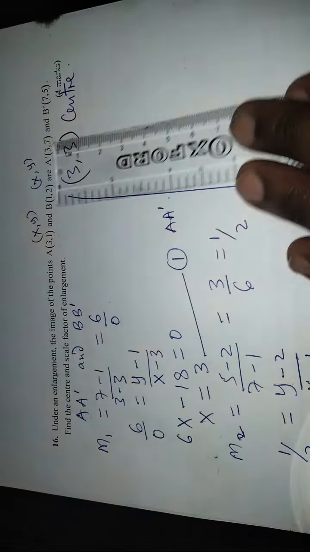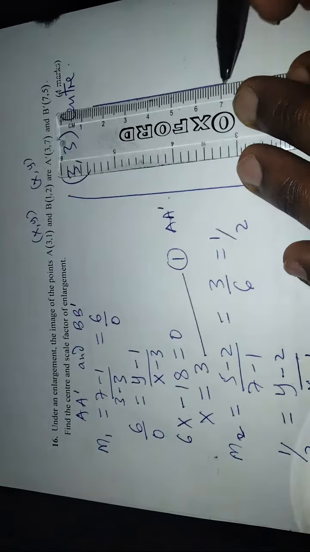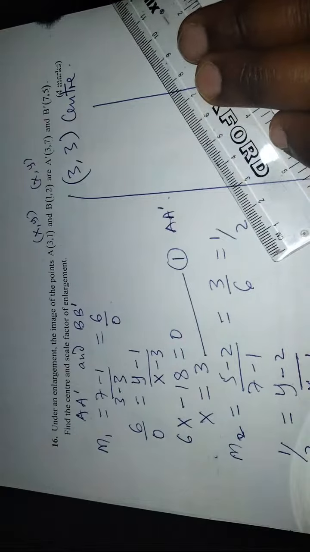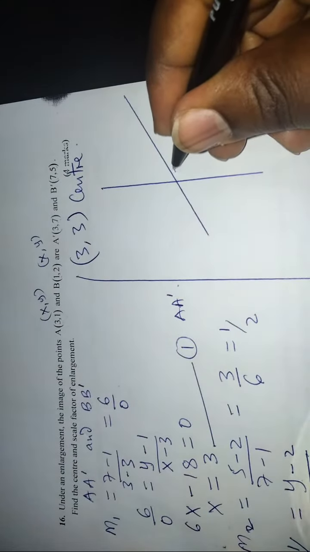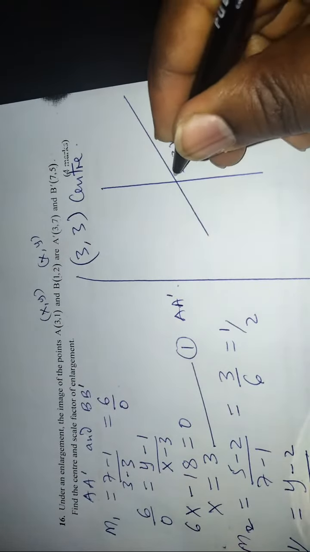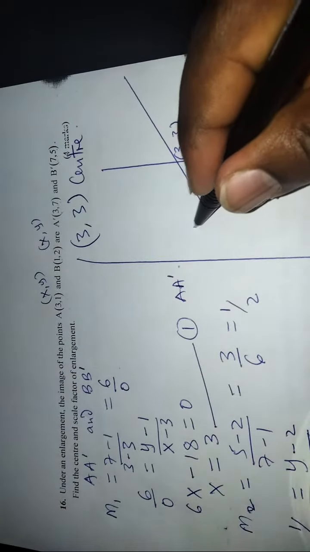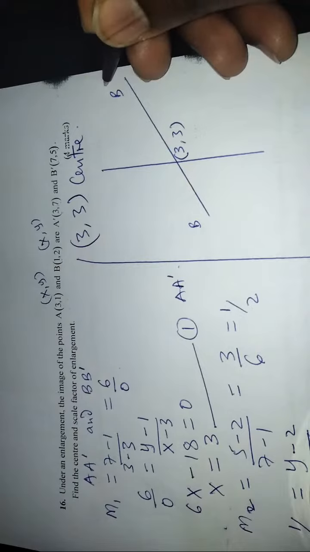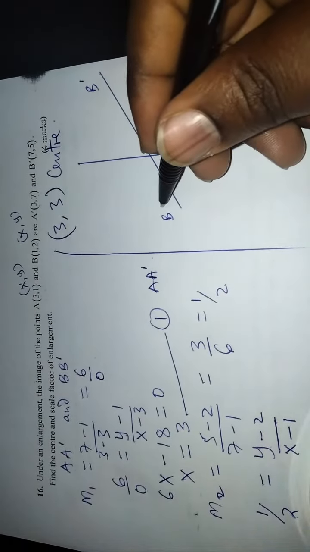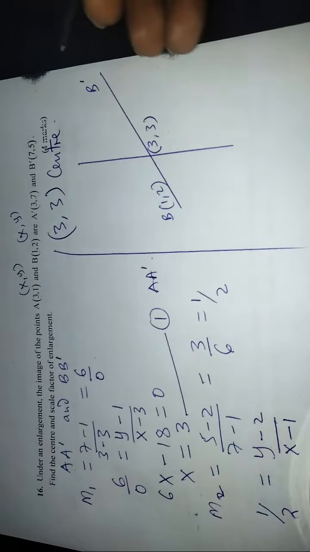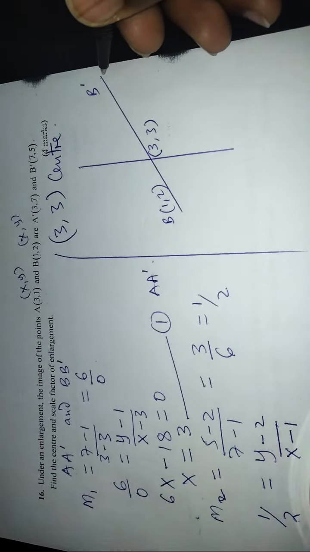Now, ideally, we are having two lines here. The two lines intersect at point (3, 3). Then this line, which is B prime, has the coordinate (1, 2), and this one has the coordinate (7, 5).